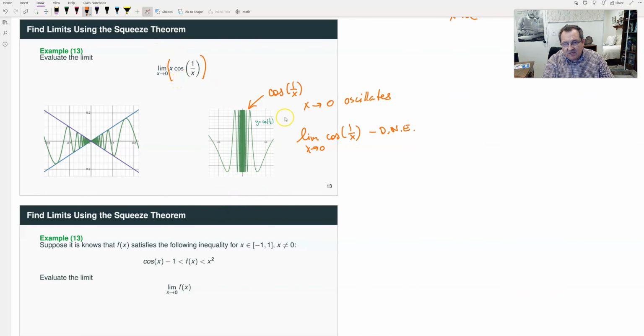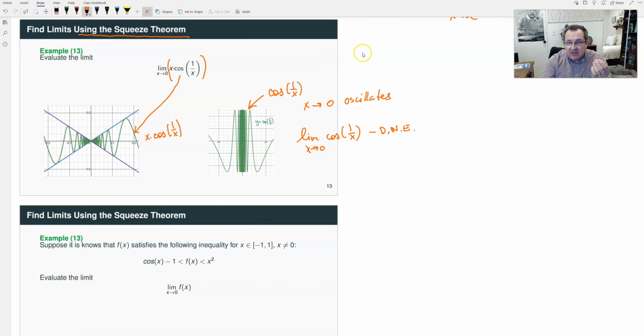But we don't have cosine of 1 over x. We have x times cosine of 1 over x. The graph is that green line. That is the graph of x times cosine of 1 over x. And the question is, does the limit exist for the new function when we multiply by x? One way to answer that question is to use the squeeze theorem.